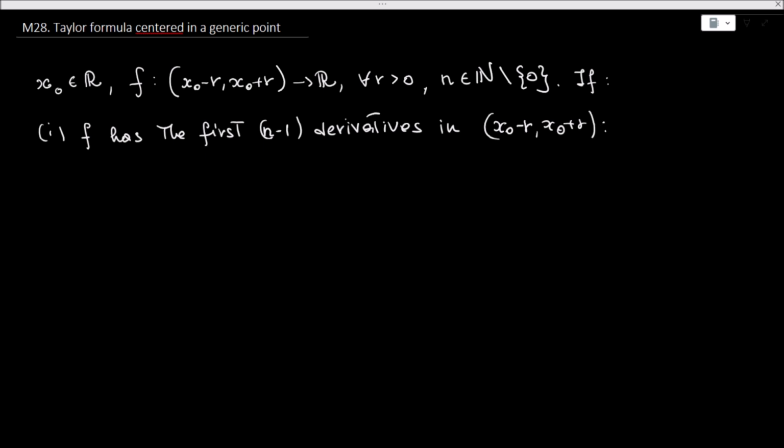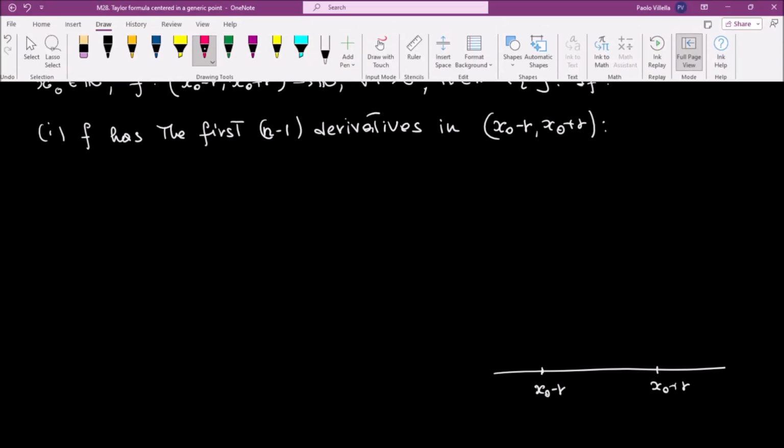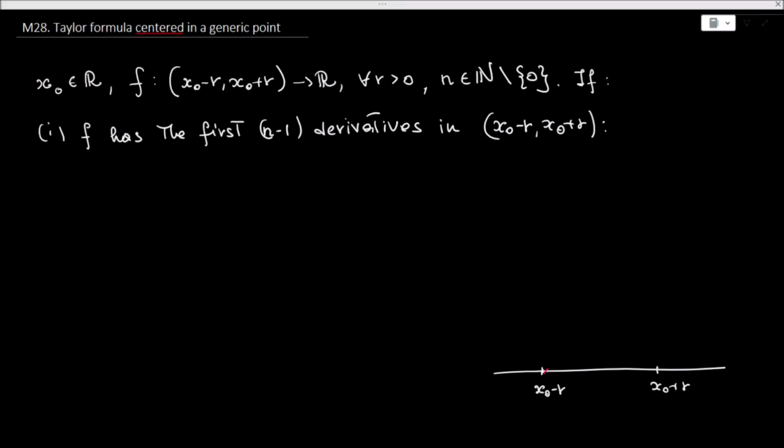So let's say that this is the real line and we have x0 minus r here, x0 plus r here, and we are asking that the function f has n minus 1 derivatives in the entire open interval that goes from x0 minus r to x0 plus r.